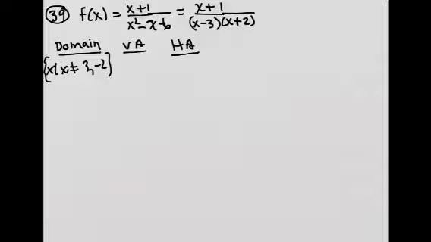Now notice that there's no common factor in the numerator and denominator, so nothing cancels, so that means that the vertical asymptotes will be x equals 3 and x equals negative 2. This is a bottom-heavy function, because the degree here is 1 and the degree here is 2. So it's going to have a horizontal asymptote of y equals 0.